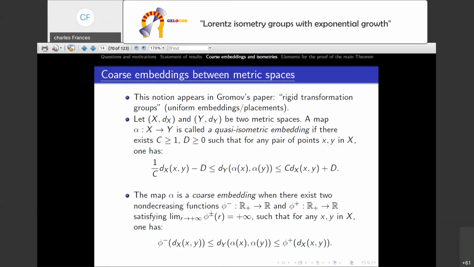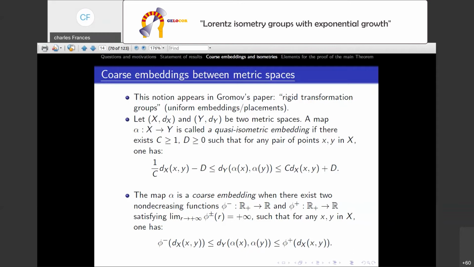Very roughly, a coarse embedding is a map which takes points which are close to close points. And if some points are mapped to close points, then they come from a pair of points which were already close.